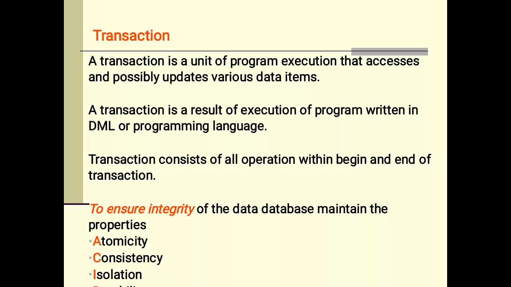In a programming language, the transaction can be written in the code between begin and end statements. So whenever there is a begin transaction and end transaction, whatever code is written in between these two is the transaction that the user wants to perform.